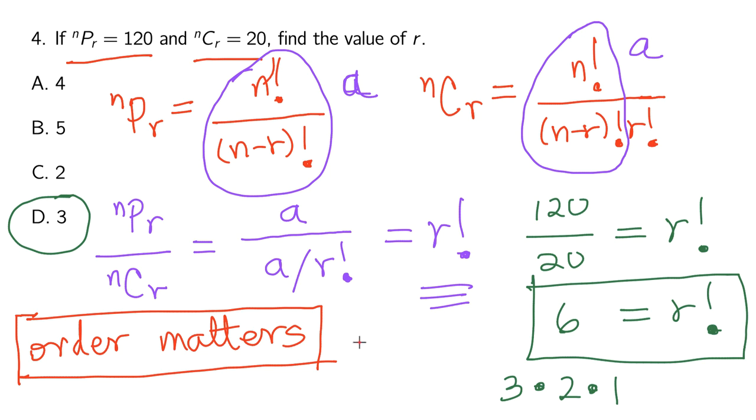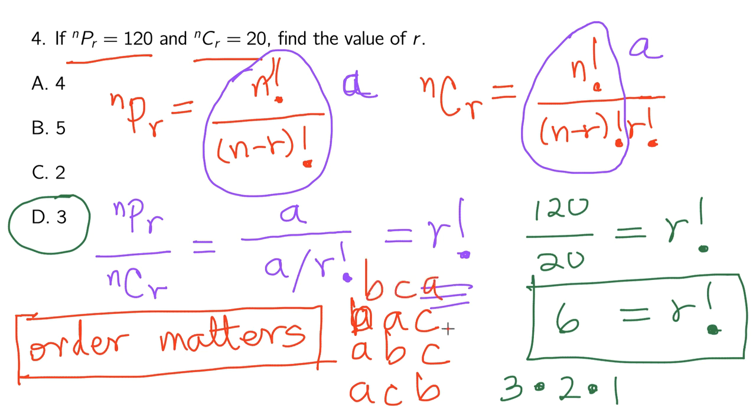In particular, if you have something like A, B, C, that's one ordering of the 3 items A, B, and C. Another ordering will be A, C, B. Then, starting with B, it will be B, A, C. Another ordering will be B, C, A. So all these are orderings of 3 items, and there are even more.